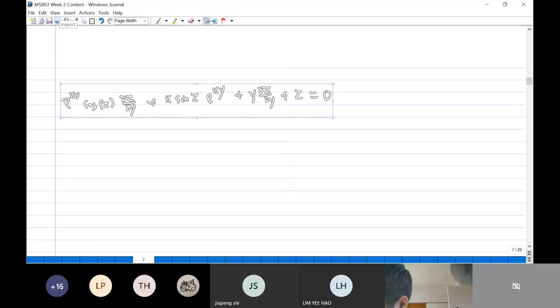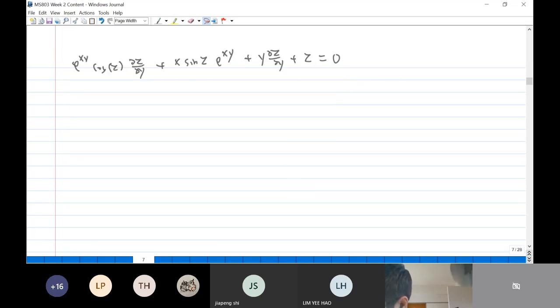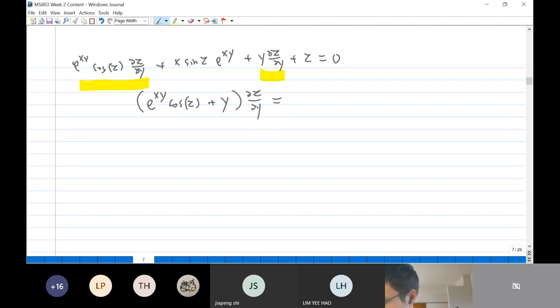So it looks something like this. So you look at where is your dz/dy. So dz/dy are here and here. Collect them. Get e^(xy) cosine z plus y dz/dy now. On the other side, you have this, move to the right hand side, then move to the right hand side.